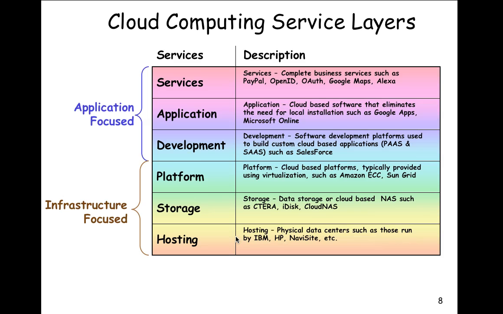If you're a networking person, it's presented in the same kind of way. It's a hierarchy or a stack, if you want to think of it that way. We have the hosting, the storage, and the platform, which is really part of the infrastructure. So when we subscribe to the service, we're getting that. And then what's different normally is the development, the application, and the services that are running in this particular environment.